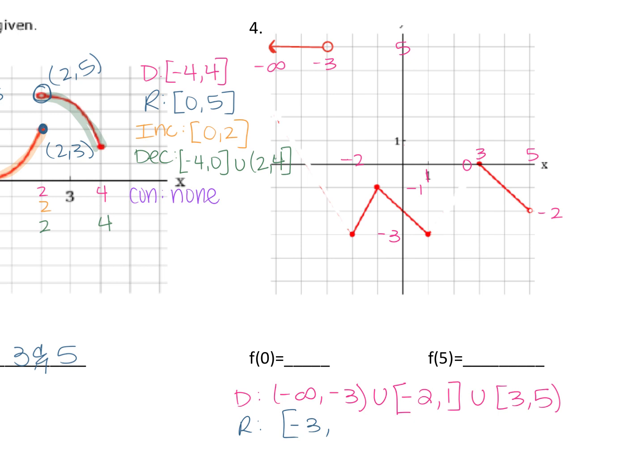The reason why you can't just do -3 to 5 is because it doesn't connect all the way through. If it connected all the way through where these lines overlapped, then you'd be able to do that. But because these stop at a y value, then pick up at another y value, keep going for a little bit, then stop and connect up again, that's why you'd have to separate it into parts.